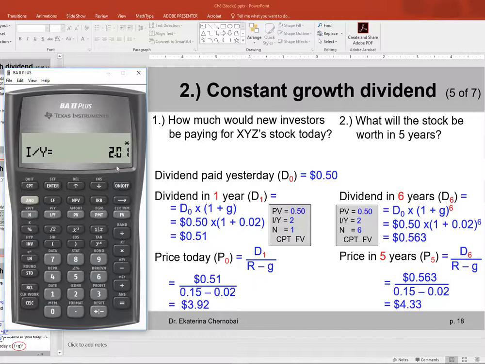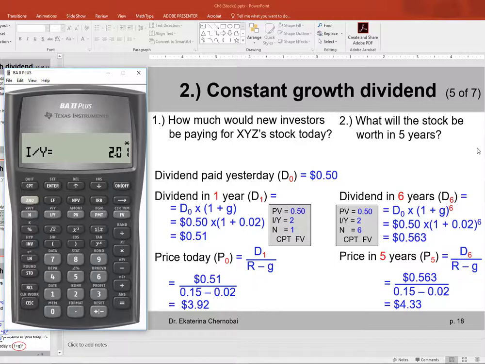Is it a coincidence that the price increases at 2% just like the dividends? No, it's actually always going to be the case. So bottom line, in the constant growth dividend case, whatever the annual growth rate in the dividend amount is, that will also be the growth rate in the stock price.